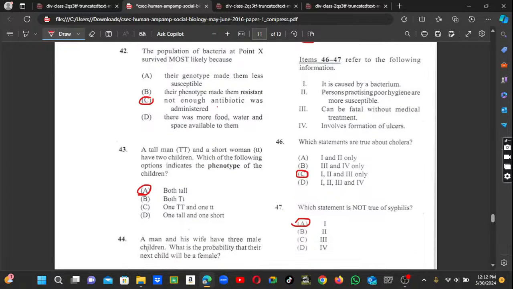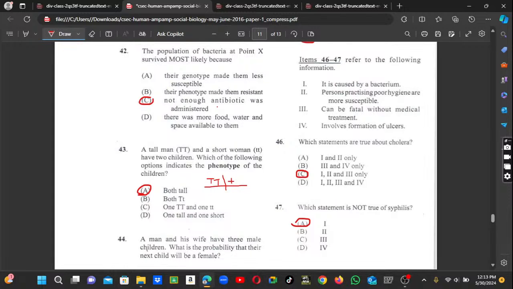Number 43, it says a tall TT. So you're talking about TT, guys. We are talking about the phenotype. So we need to know what a phenotype is. It's from different offspring. A tall TT and a short TT have two children. Which of the following options indicates the phenotype of the children? Let me just look at this.